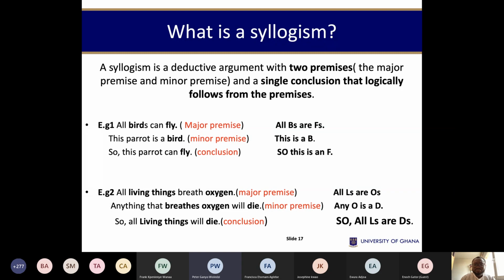Won't syllogism also be in the form of inductive? No. When we say something is deductive, it means the thing must be valid. In inductive arguments, the arguments are not valid. So if they are not valid, then they can't be part of syllogisms. Okay, I get it. Thank you. You're welcome.